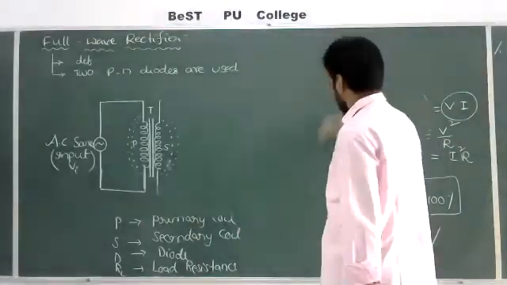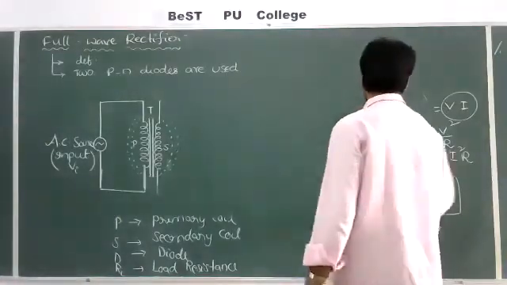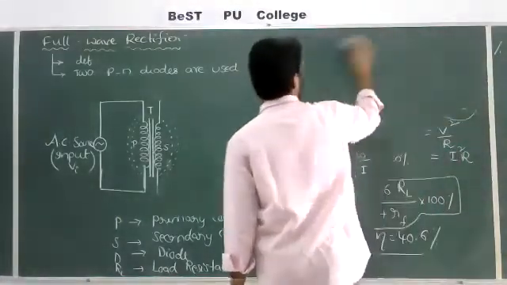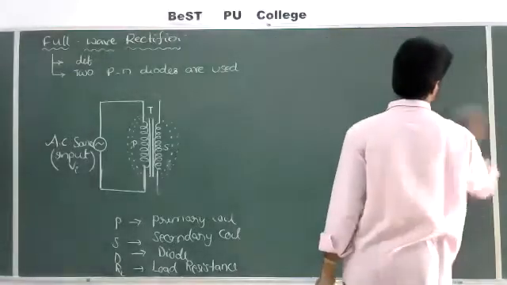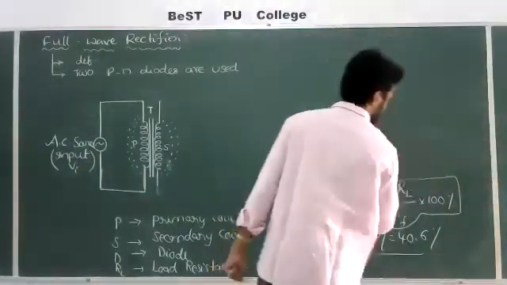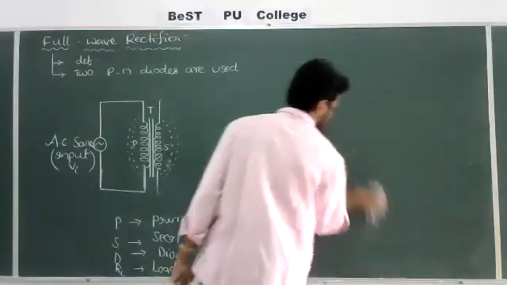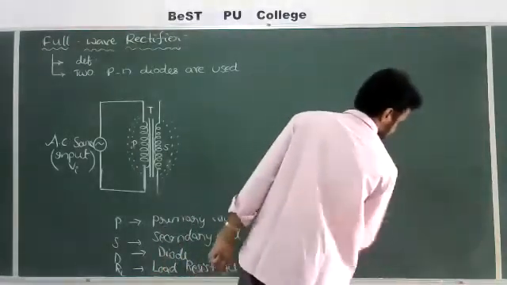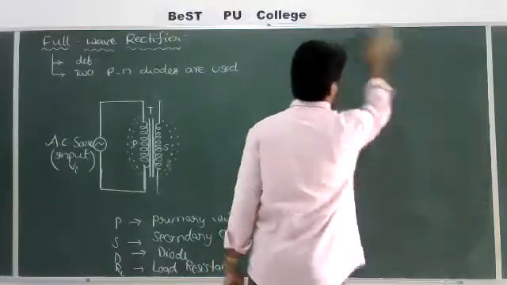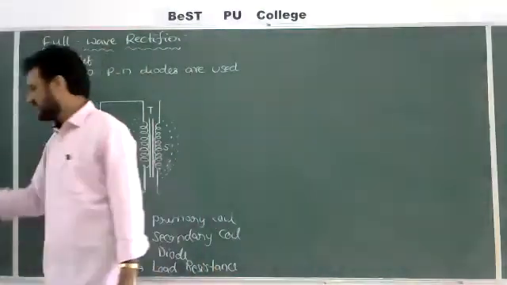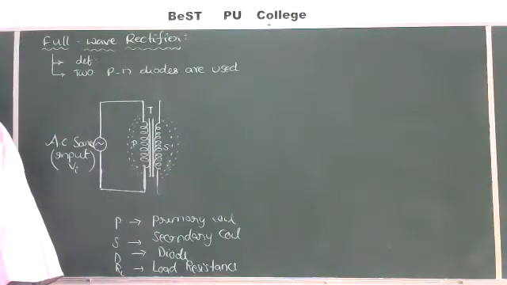Why is it called a full wave rectifier? In the name only we have mentioned: the full AC wave can be converted into DC. If you give a full cycle of alternating current to the primary circuit of the full wave rectifier, we can get full DC. That's why it is called a full wave rectifier.